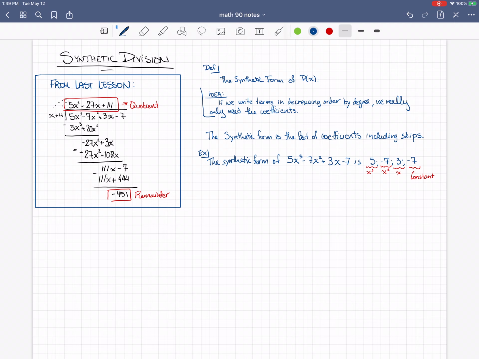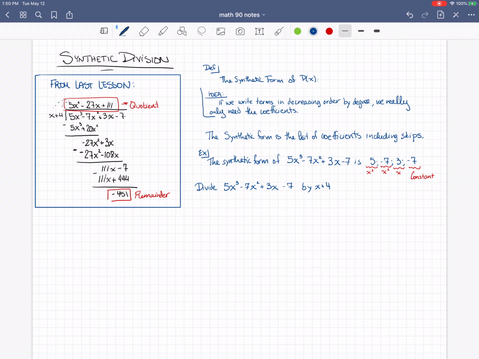Now, synthetic division. So let's divide. Now, we've already done this, which is nice because it means that we can look back and check our work. So we're going to go ahead and divide 5x cubed minus 7x squared plus 3x minus 7 by x plus 4.